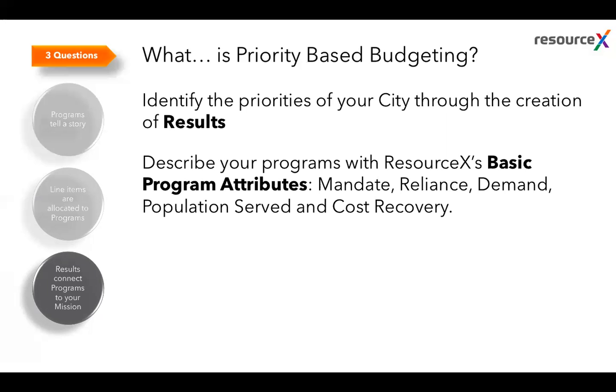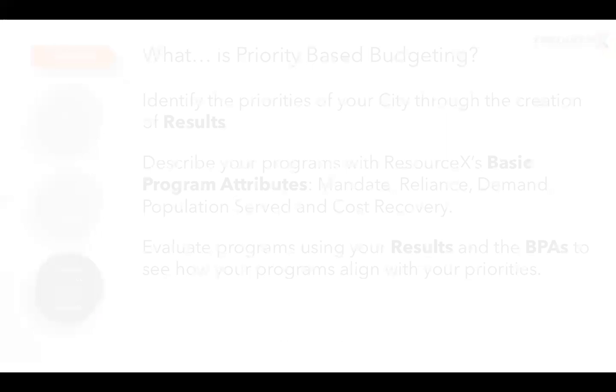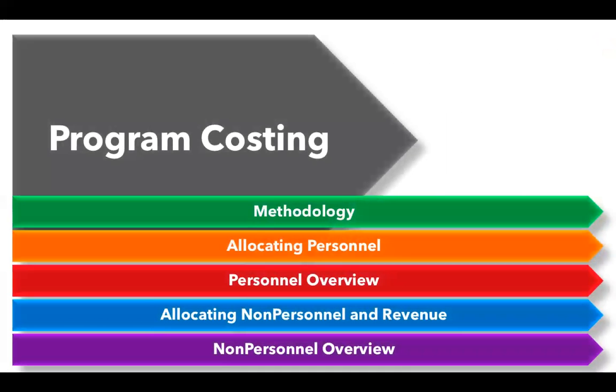So the 5 basic program attributes are mandate, reliance, demand, population served, and cost recovery. All programs are evaluated against their appropriate set of results. So again, community or governance, and then every program is evaluated against the set of BPAs, or basic program attributes. Okay, that is the briefest introduction to priority-based budgeting.